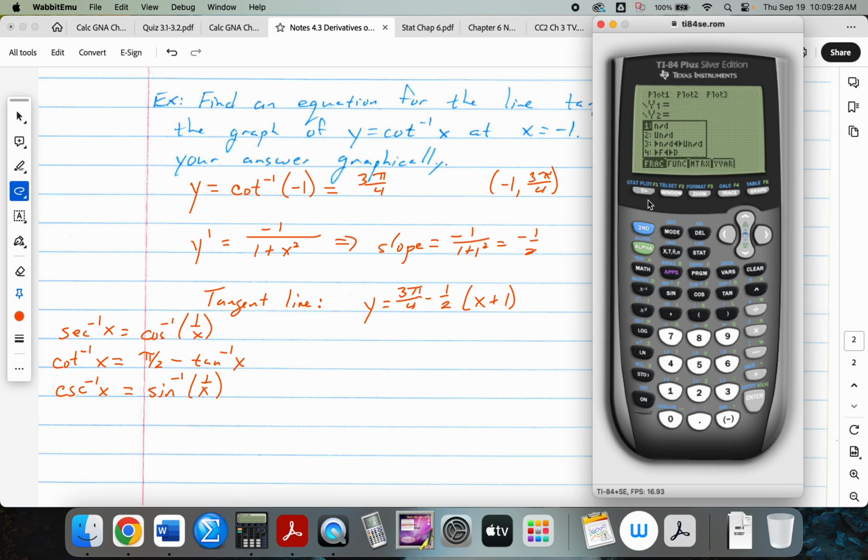All right, so now I'm going to graph this thing. So I need pi over 2 minus tangent inverse of x. And then I'm also going to graph 3 pi over 4 minus 1/2 of x plus 1.